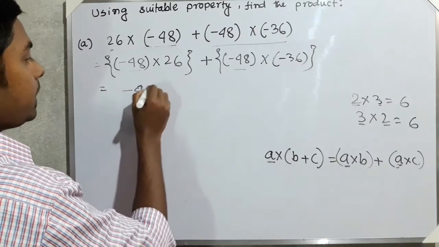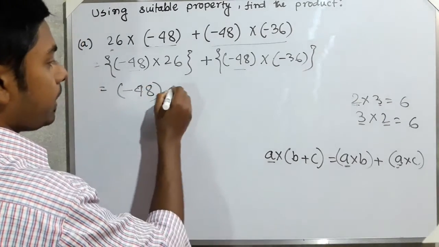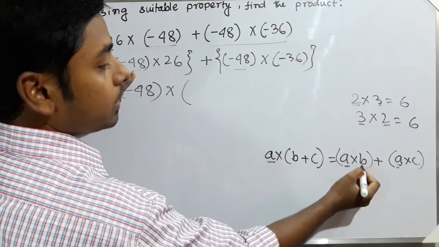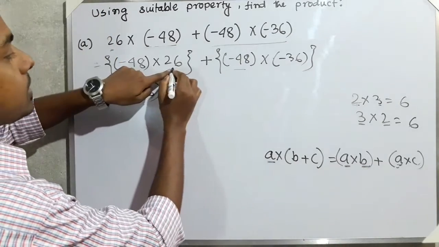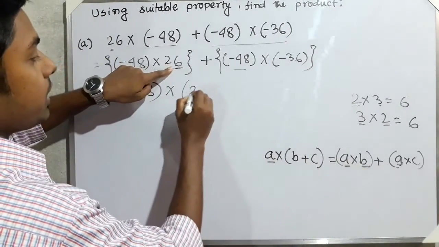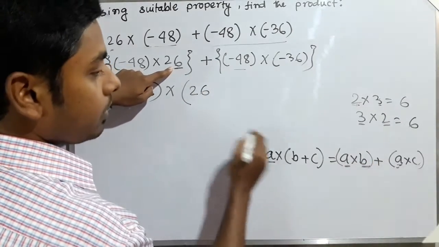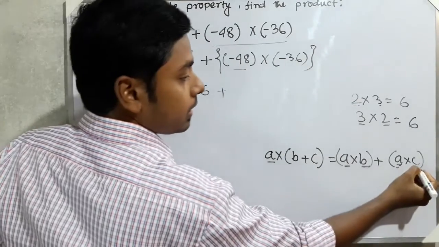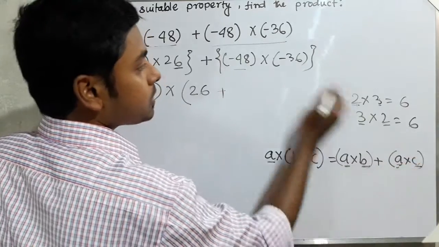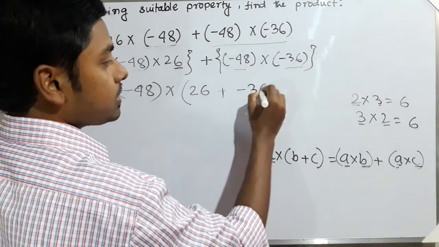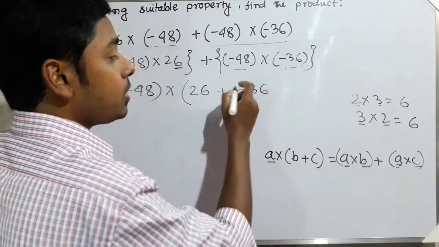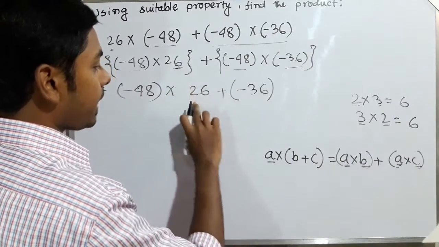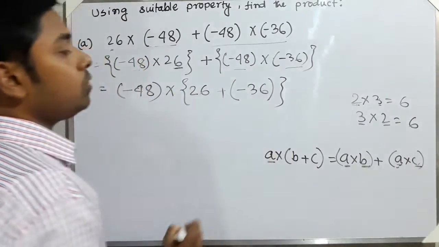So minus 48 will be A, then multiply, then bracket, then B. A into B, so this term is B, which is 26. Then plus, then C. At the place of C we have minus 36. Minus 36 is a negative integer, so we should keep it within a bracket. Since we have used a small bracket, we change this bracket to a curly bracket.